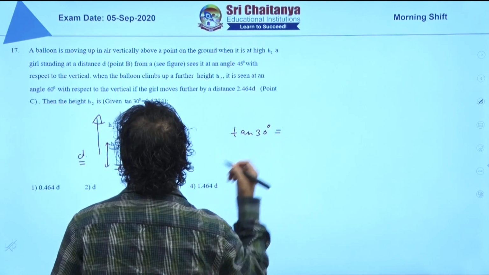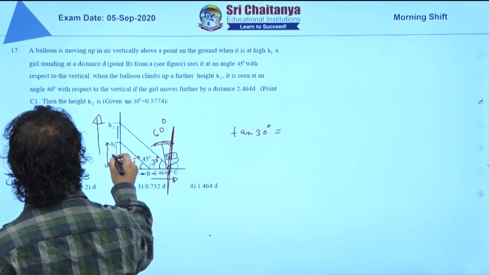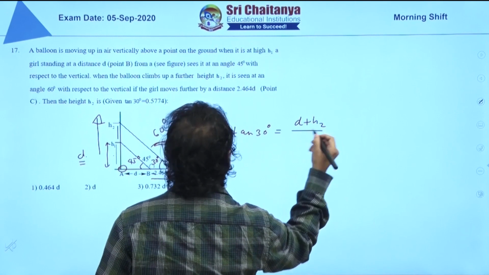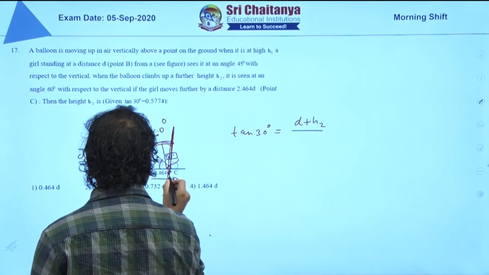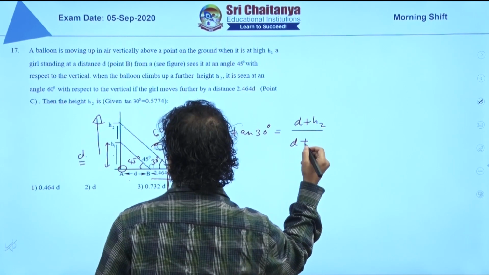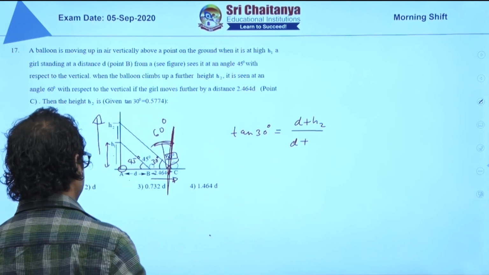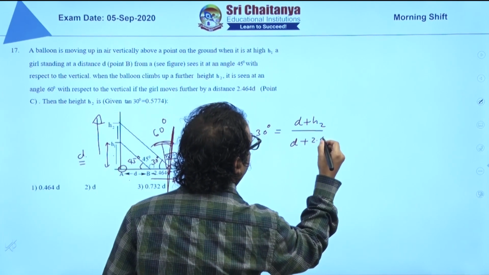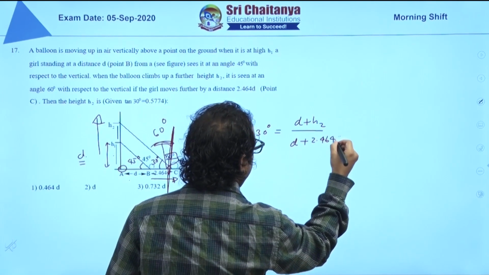Tan 30 is nothing but (d plus h2) divided by (d plus 2.464 d).